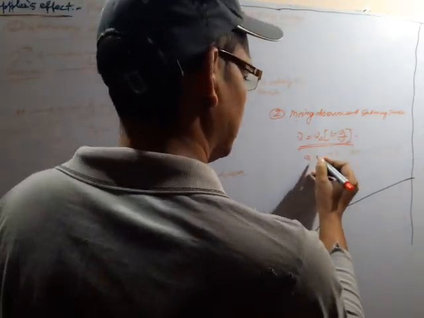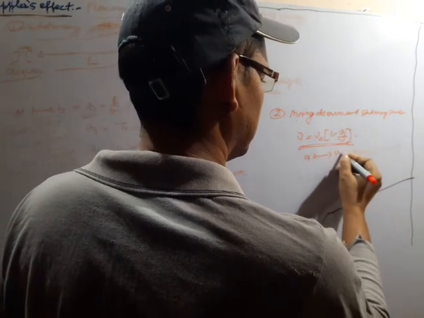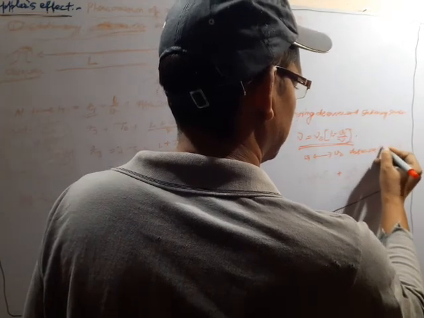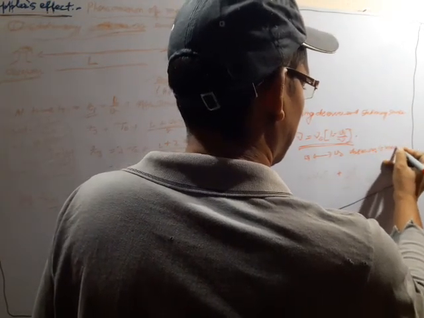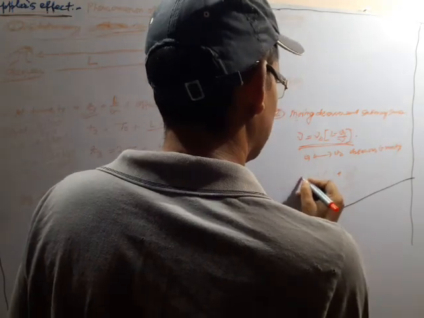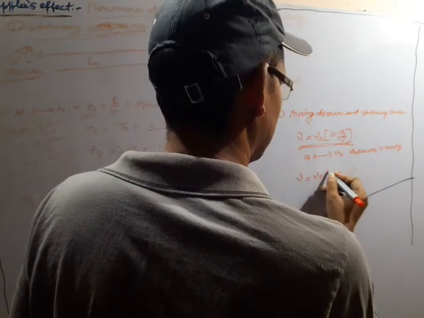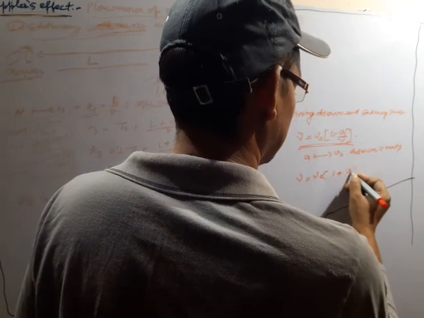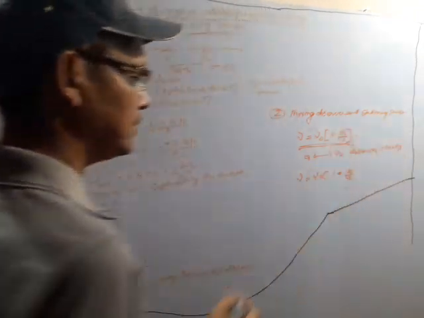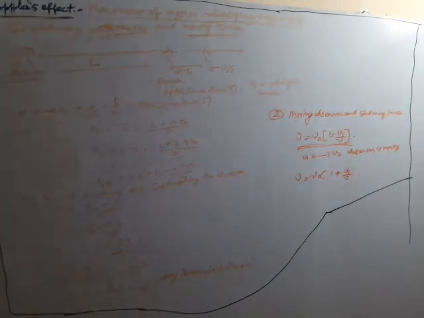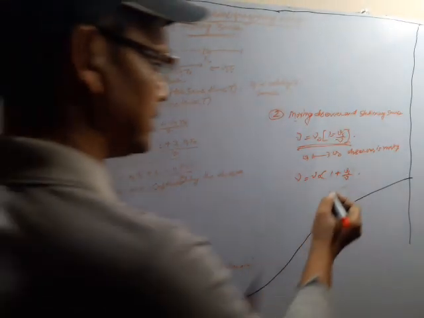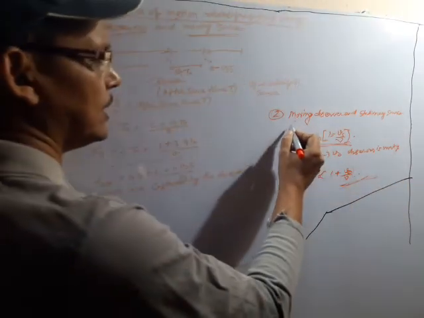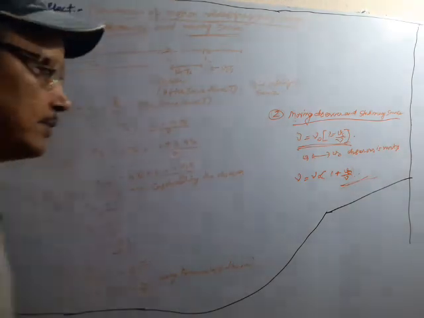V1 changes into V0, because the observer is moving, and then nu is equal to nu 0 times (1 plus V0 by V). Here you will observe V0 by V. This is the expression for a moving observer and a stationary source.